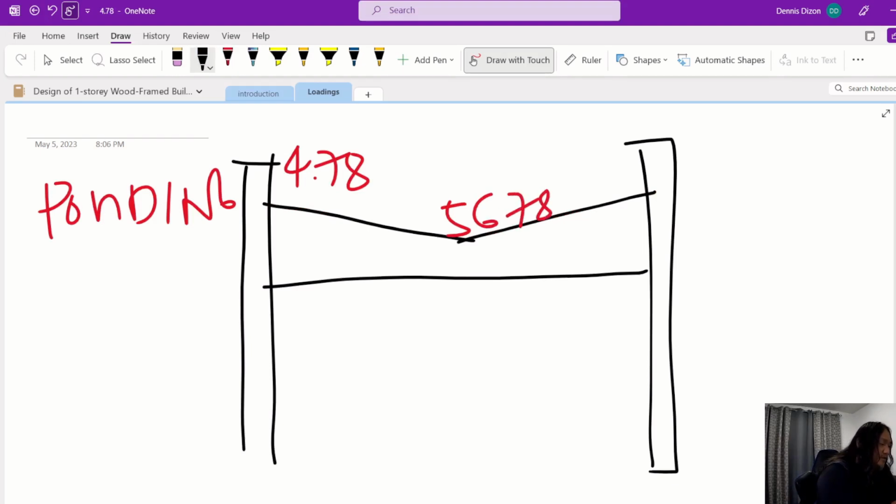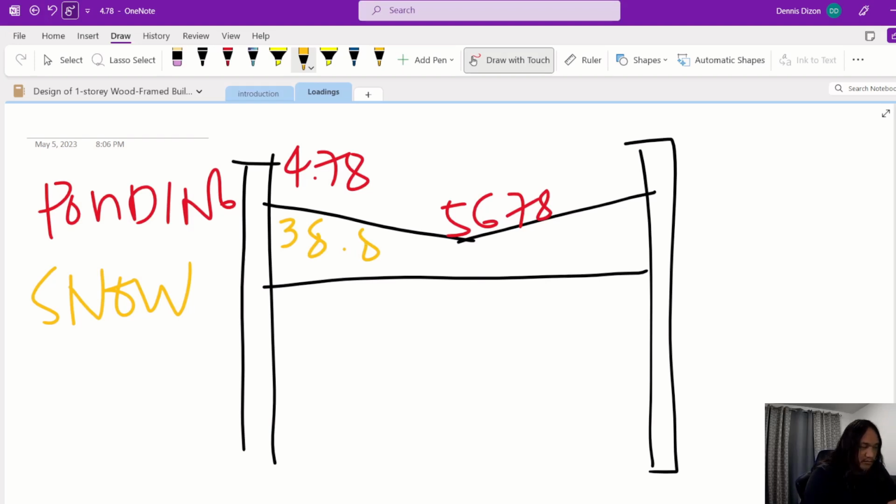And then for our snow load, let's use this one. For our snow, this is 38.8 all throughout, uniform. So therefore, at the very bottom, the ponding load governs at the lowest point.